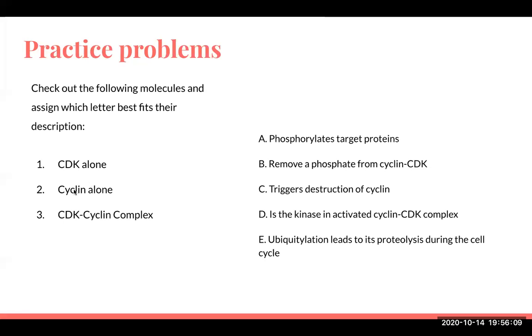So cyclin alone doesn't destroy itself, and it doesn't detect itself being in too much concentration. There are other proteins that will detect that there's too much cyclin and destroy it for you, but it doesn't do that alone.